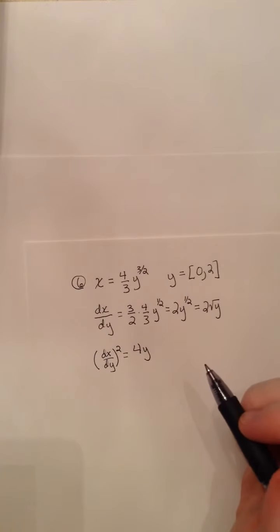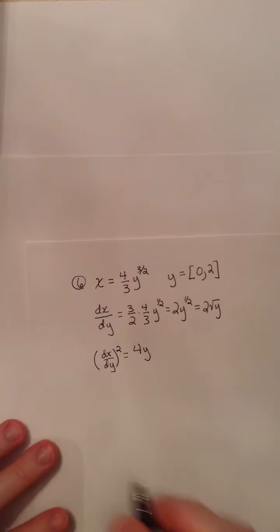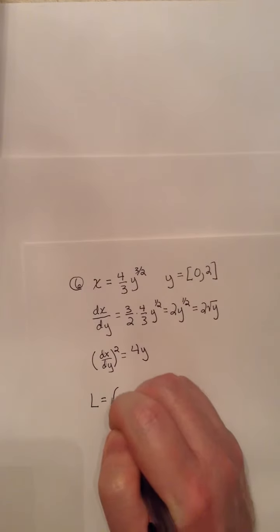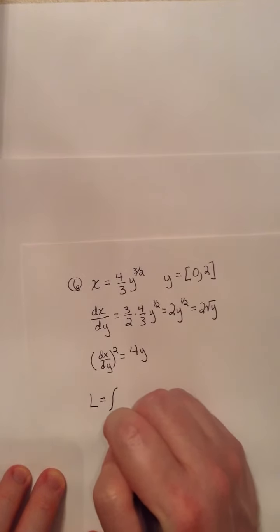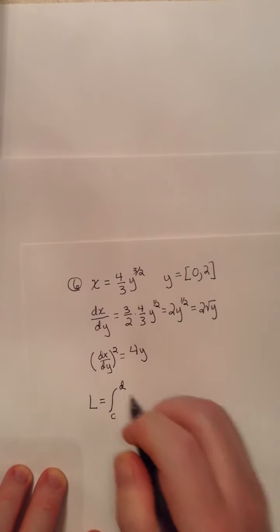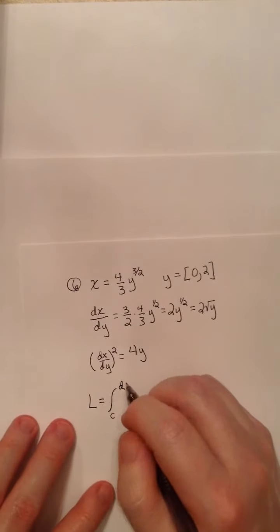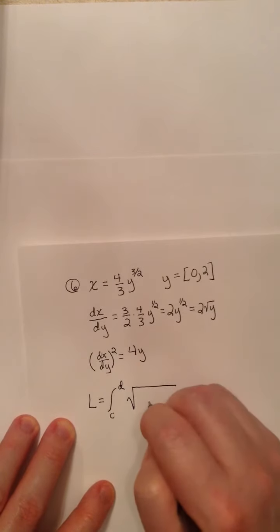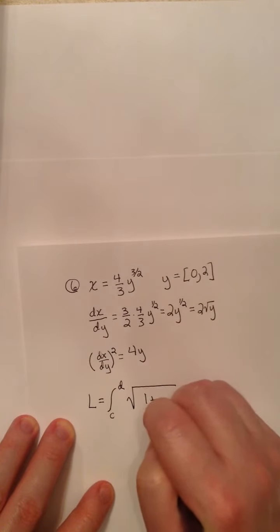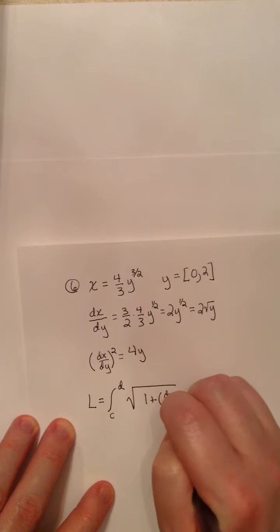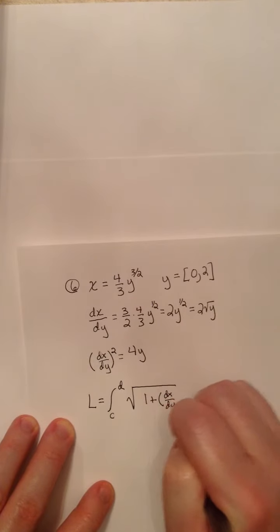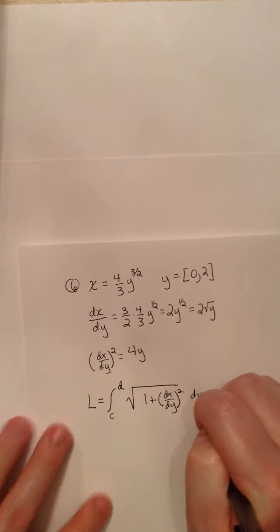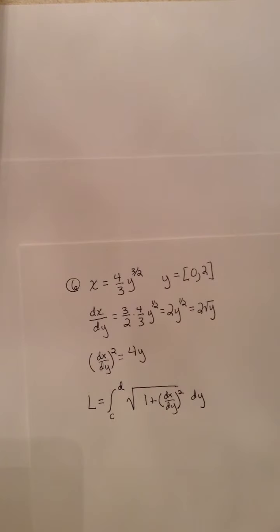Now, in the determination of the arc length itself, we have the integral as y goes from c to d of the square root of 1 plus the square of the derivative dx over dy, and this time around we're integrating with respect to y.